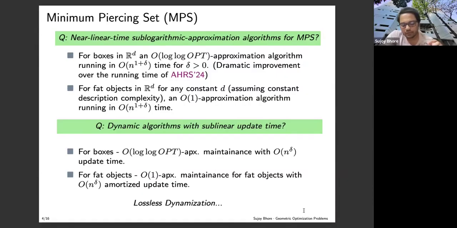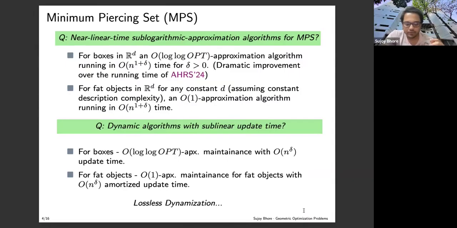I want to highlight one point here: one recipe for getting dynamic algorithms has always been to get a static algorithm and then try to dynamize it at the expense of losing something in the approximation factor, because typically the goal is to get a sublinear update time. But it turns out that in this problem, we don't really have to lose much.